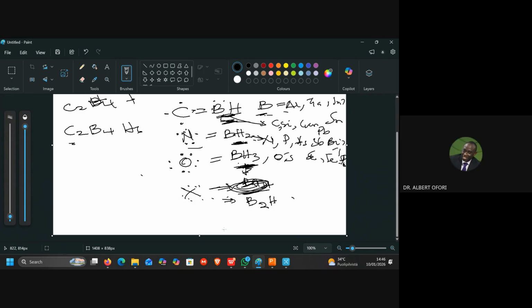Okay. Now, once we know the equivalent, we convert the element which is combining with the borane, using the equivalent to represent that element so that we can count the total number of boron. For example, when we take carbon here, the carbon equivalent for borane is BH.